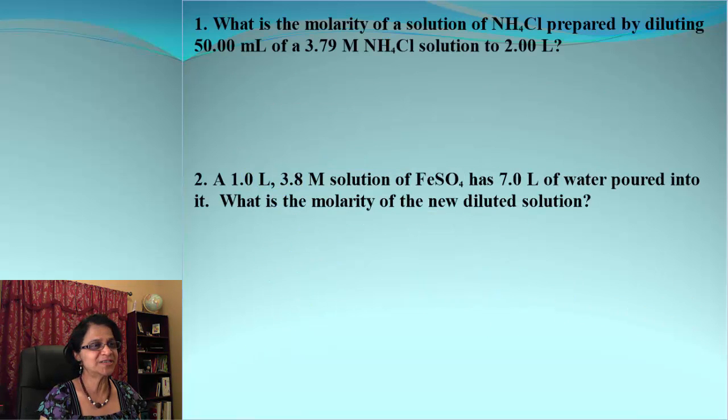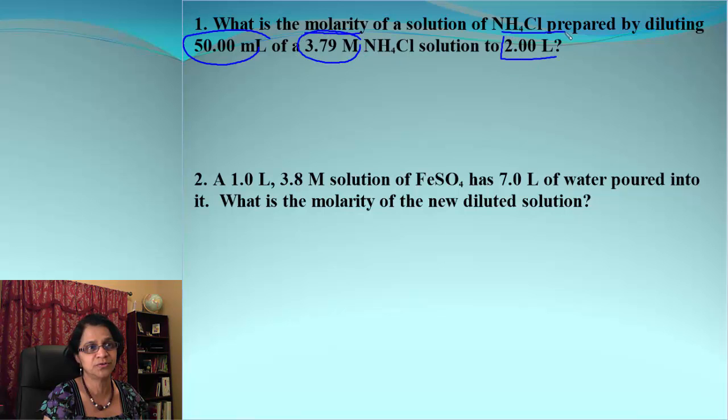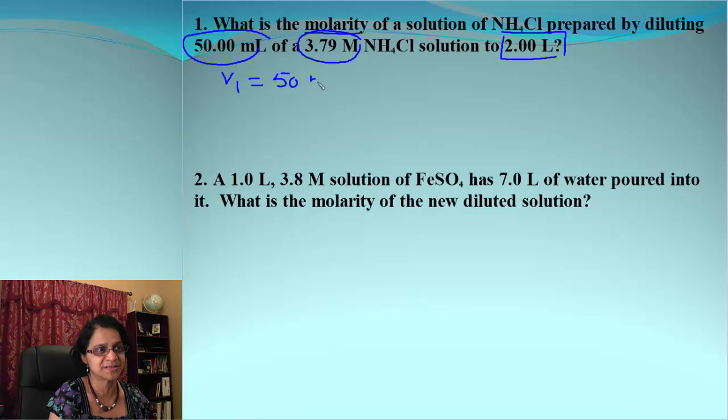So here is our first question. What is the molarity of ammonium chloride, if we are diluting 50 milliliters of this 3.79 molarity solution to 2 liters? Now let's write down in our formula the values of V1 and M1. V1 is the first volume, which is 50 milliliters.